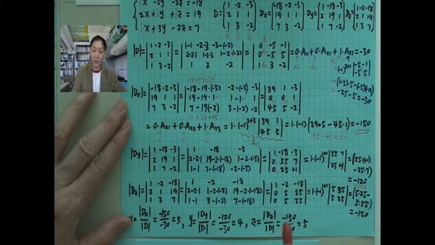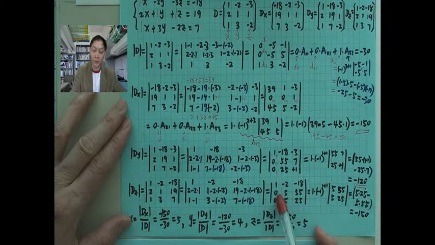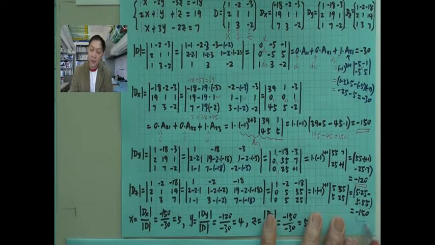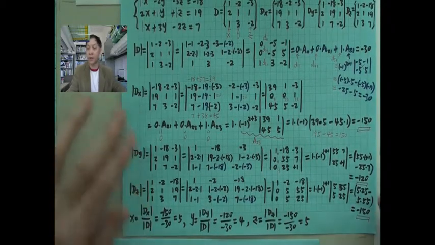Again, I like to have somewhere be 0. Okay, so here I have zeros right here by doing these operations. And then we will have a what? The determinant is negative 150 again, like this one.